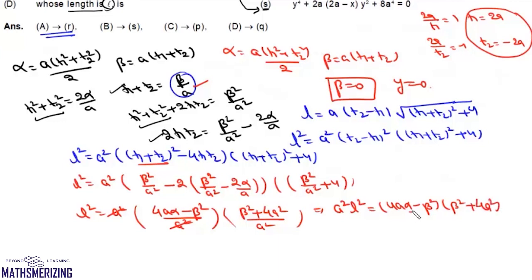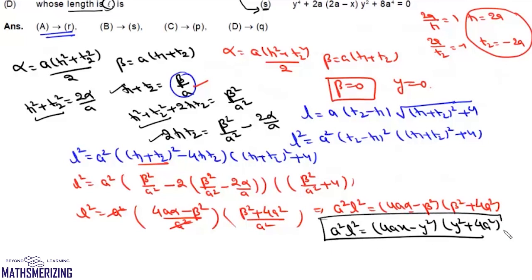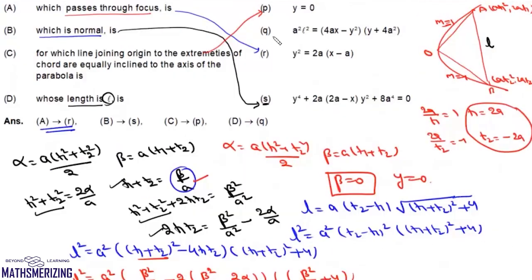Now we'll replace alpha with x and beta with y. So its equation will be a square L square equals (4ax minus y square) times (y square plus 4a square). So that is the locus of the required midpoint, and that's your option number Q. So that means this D is matched to Q.